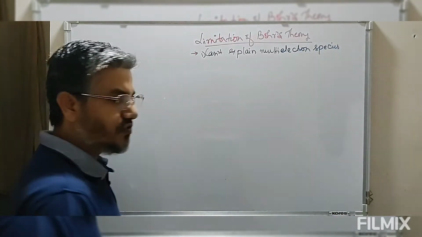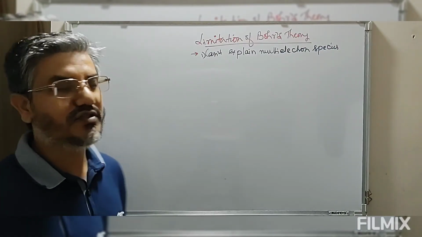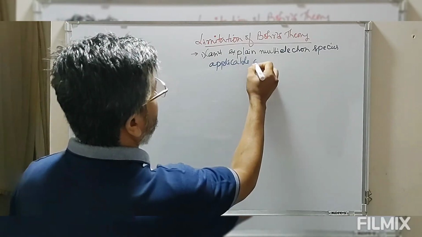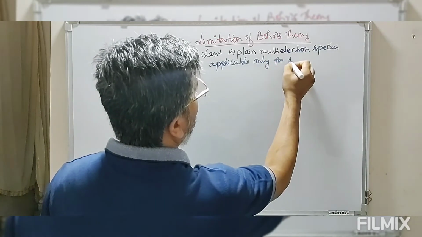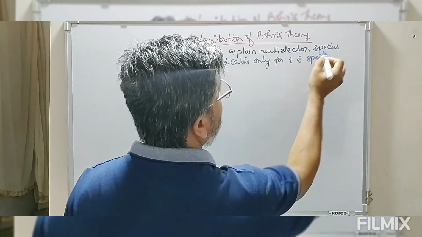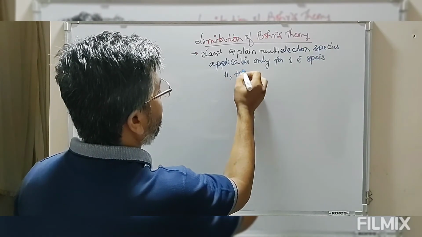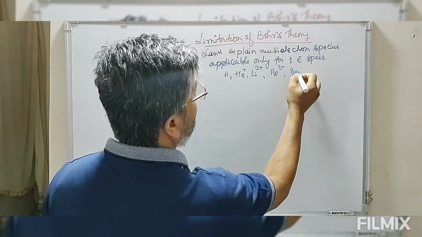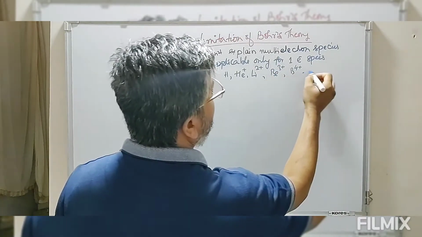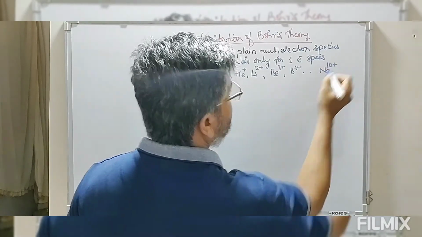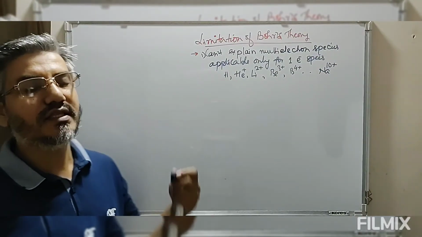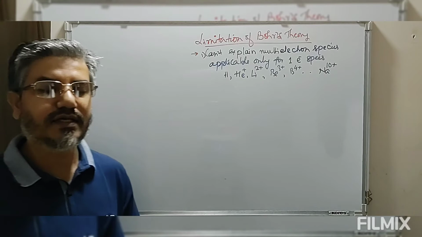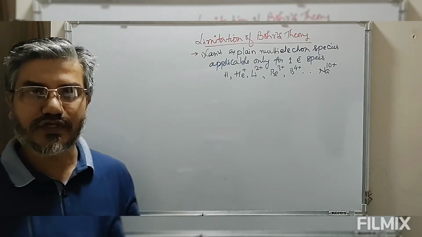That means Bohr's theory is applicable only for one-electron species, that is, species containing only one electron: hydrogen, helium plus, lithium 2 plus, beryllium 3 plus, boron 4 plus, or sodium 10 plus, etc. For those species we can use Bohr's theory. If the species contains more than one electron, then Bohr's theory fails.